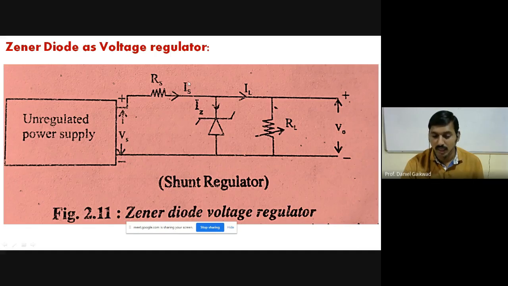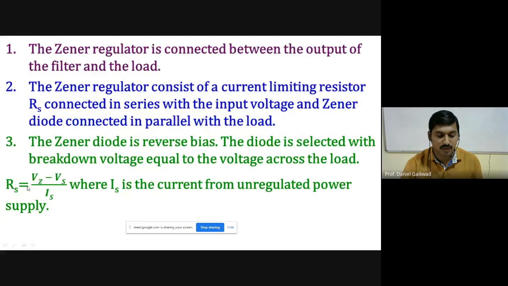So the current through Rs is Is, and the total will be here Vs. Suppose we have a voltage of 12 volt, and we require 10 volt output across RL or across the Zener diode, then 2 volt should remain across Rs. So with 12 volt output of the unregulated power supply, 2 volt will be across Rs and 10 volt across either the Zener or the load resistance like this. So we can write the potential across Rs is equal to Vs minus Vz or VL like this. Okay. So check carefully, Vs minus Vz divided by Is here.